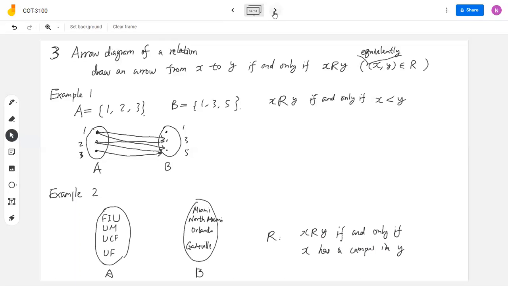Because FIU has 2 campuses, one in Miami, I have an arrow from FIU to Miami, and another arrow from FIU to North Miami. And UM has 1 campus in Miami, and UCF has a campus in Orlando, so an arrow from UCF to Orlando, and finally an arrow from UF to Gainesville.